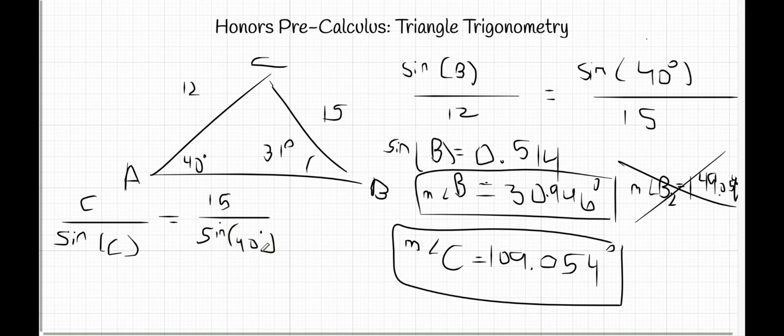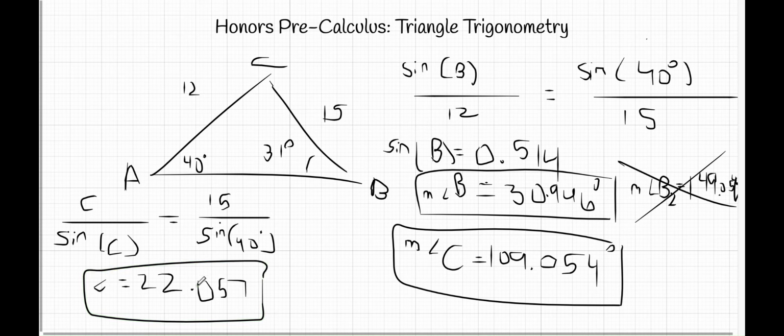So 15 divided by sine of 40 degrees is approximately 23, and then multiplying that by the sine of 109 degrees, which is around 0.945. Remember, sine of 109 is 0.945, and then 15 over sine of 40 degrees would be 23 approximately. So multiplying them both, because we want to multiply both sides by the sine of C, we get C is equal to 22.057.